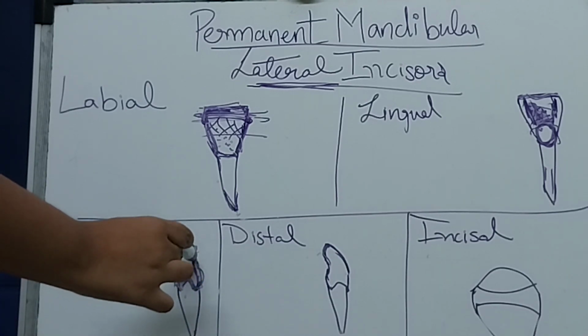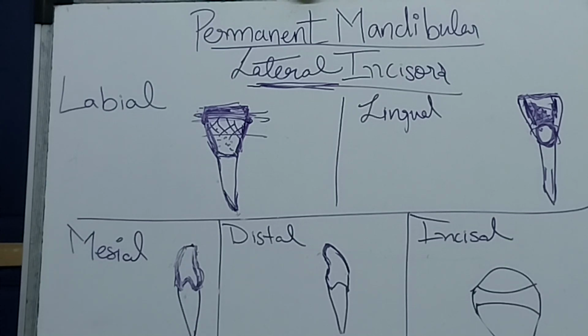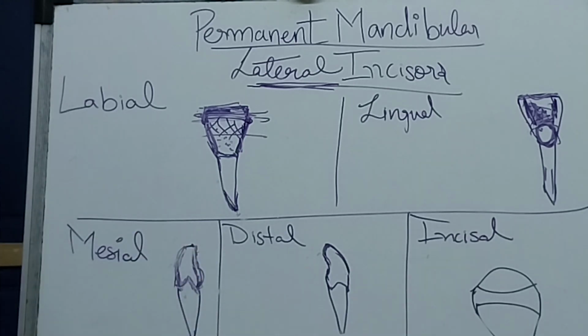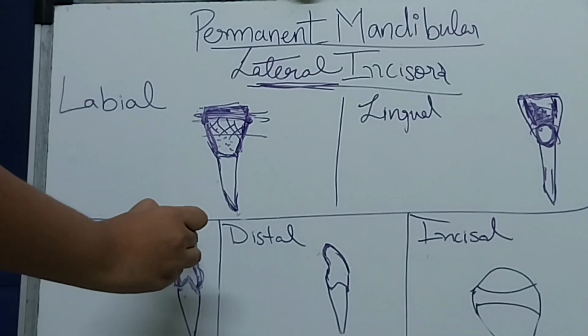So this incisal ridge is also straight, and the cemento-enamel junction curves incisally at the junction of the cervical third and the middle third of the crown. So this curves like this, to the incisal third.